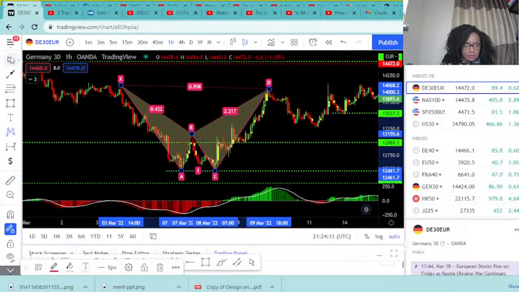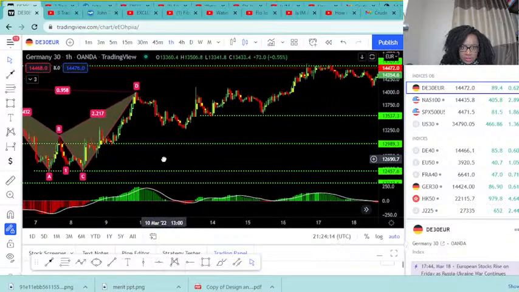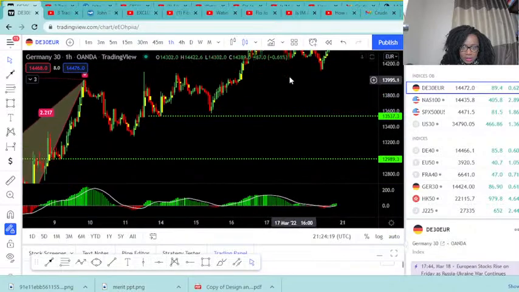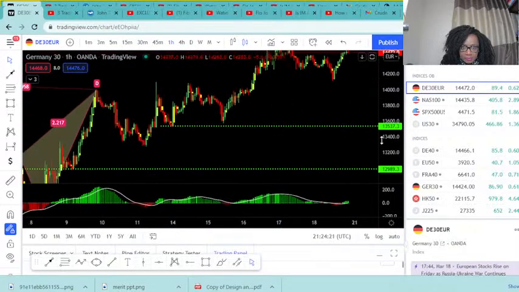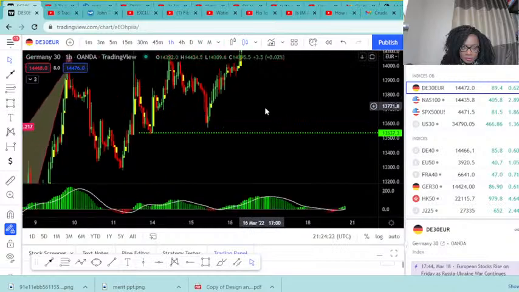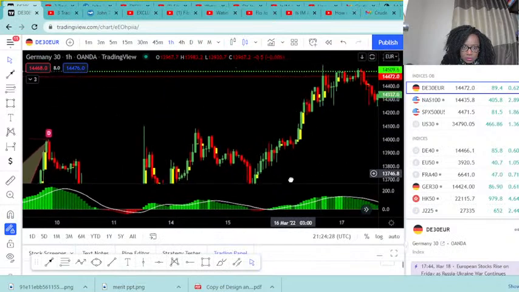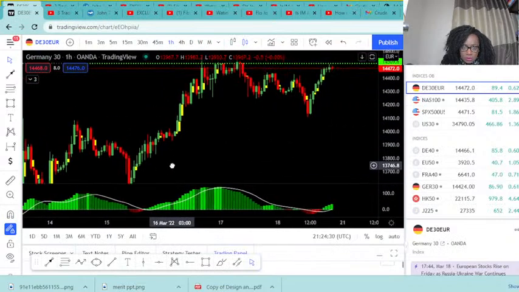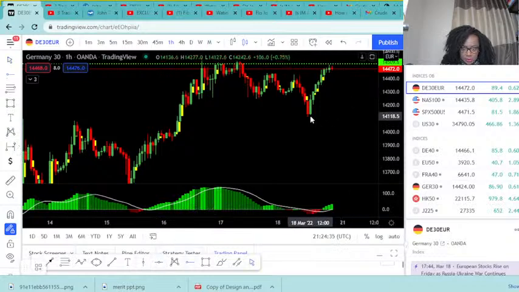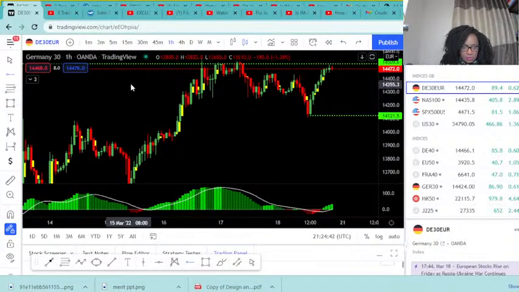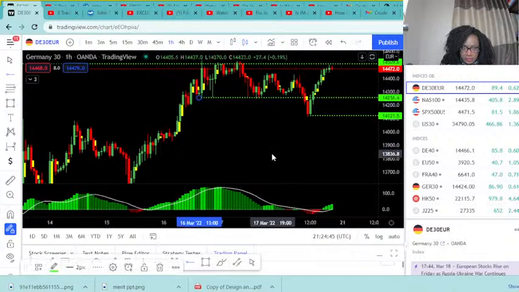I can see another one here. But certainly we can see that there's a lot of activity in our German 30. So in particular, the zones of interest I can say are these.